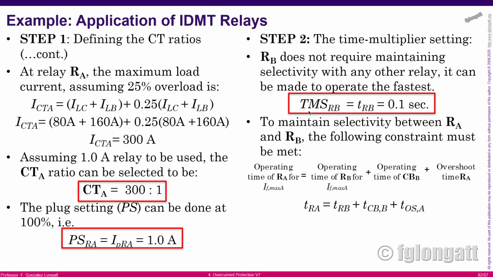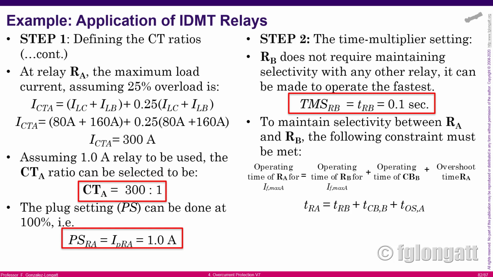the operating time of relay B plus the time of the circuit breaker to open and interrupt the arc plus overshooting time, okay? Now the sensible part is selecting what is the time setting for relay A in order to provide backup to relay B, okay?